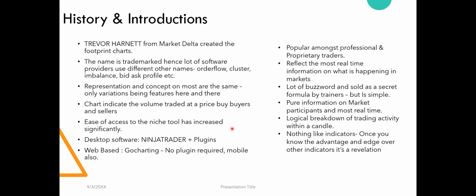They rely more on these kinds of real-time order flow indicators to understand what is the probability of price going up or going down. That's what you eventually want to find out, right? This reflects the most real-time information that is happening in the market, and it lets you analyze in real time and define risk in real time in a better way. This is what it helps for. I'll show you examples also as we go along.